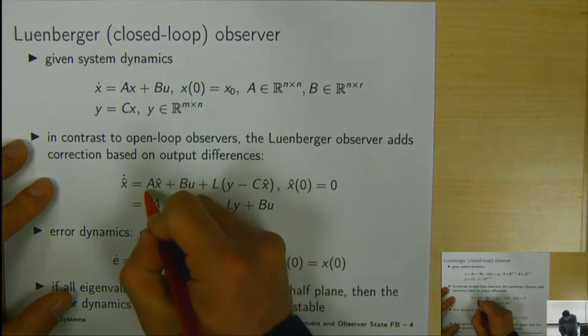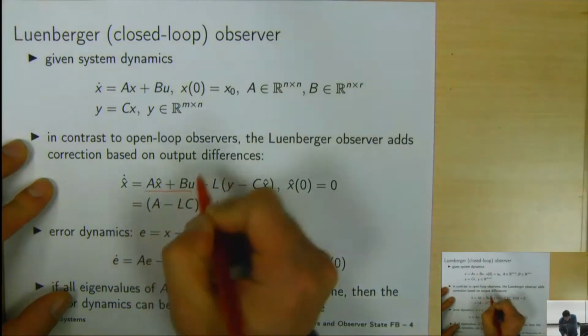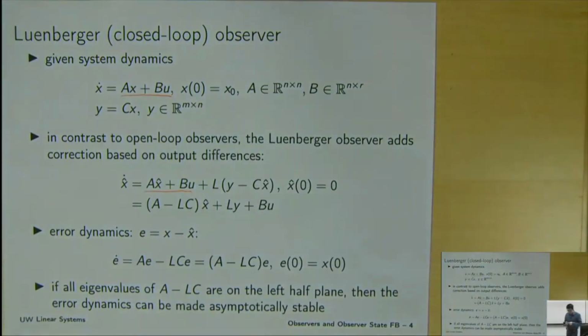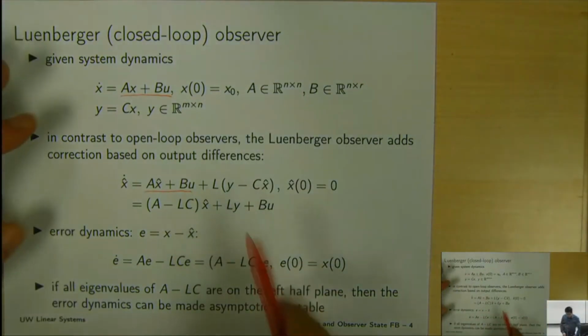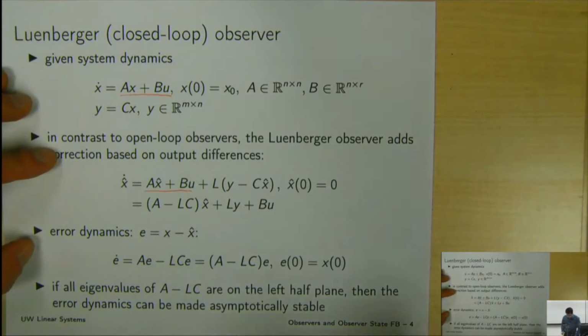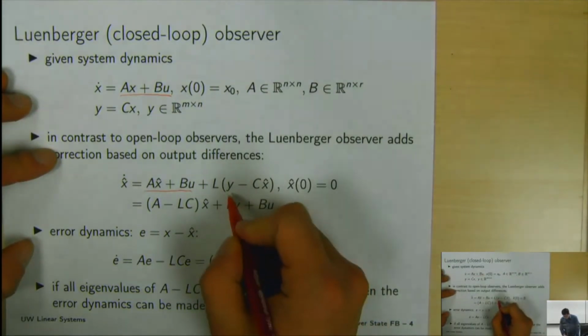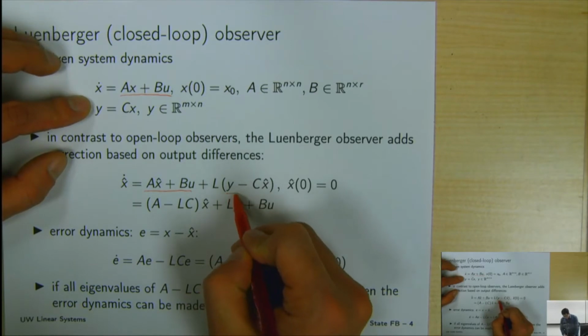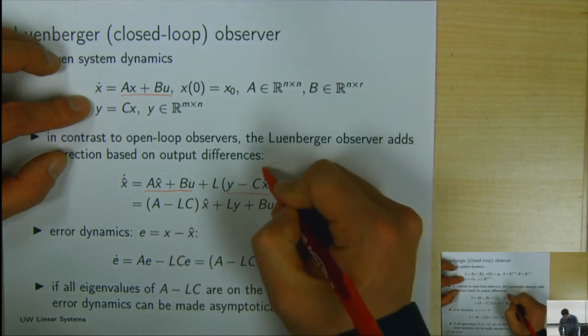In addition to what we have done in the open loop observer, let's create a feedback mechanism. Let's take a look at the difference between the actual output and the estimated output.